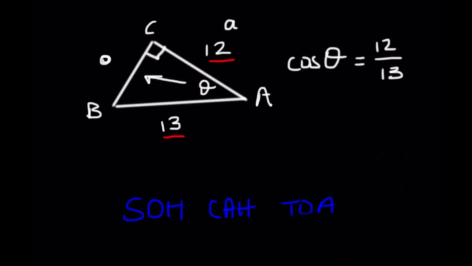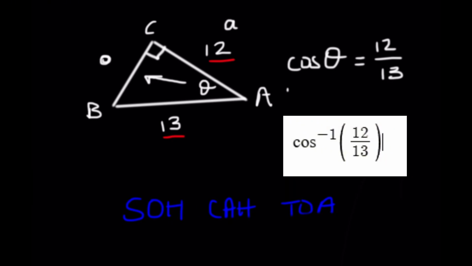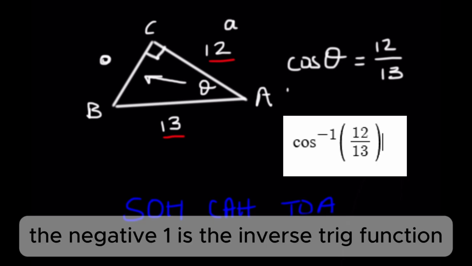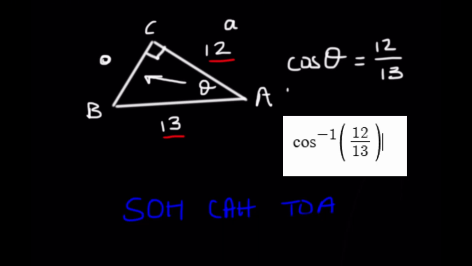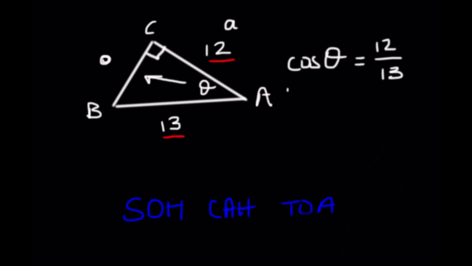When we put that in the calculator, it should look something like this. We use the negative one power, and then we just put in the fraction. But make sure that you have your calculator on degrees, because it would give you a different answer if it's on radians.